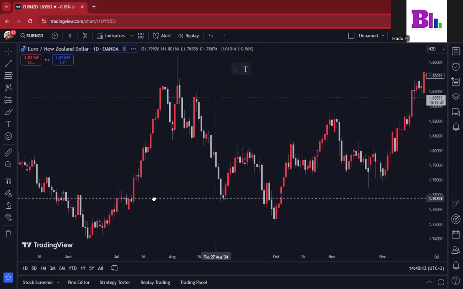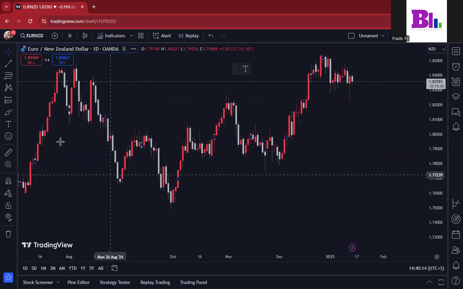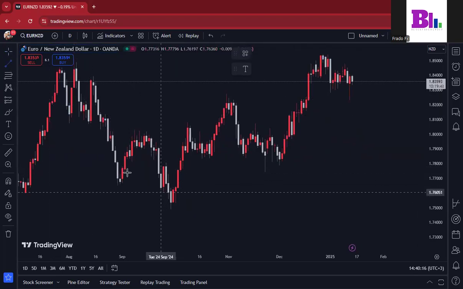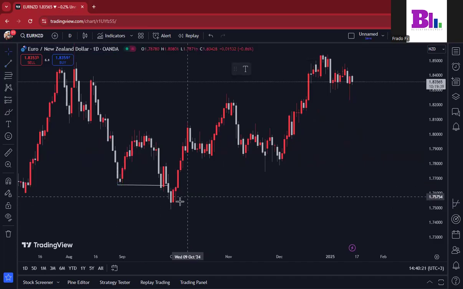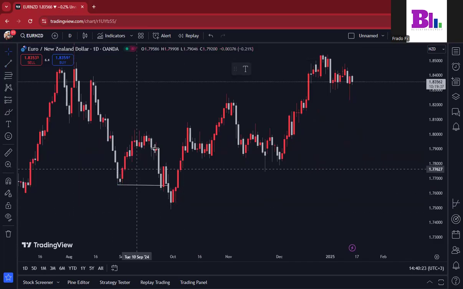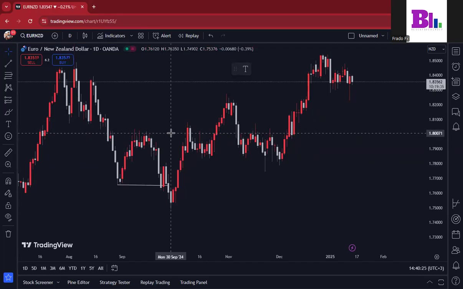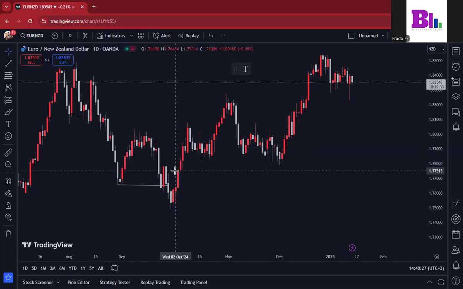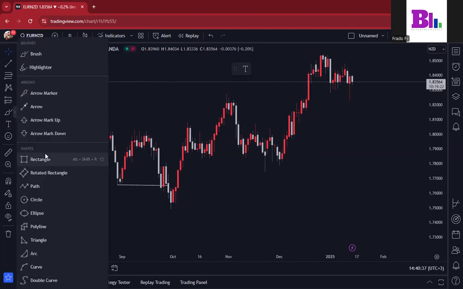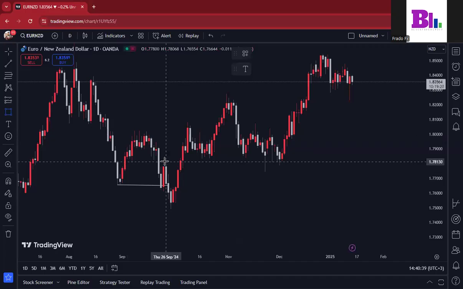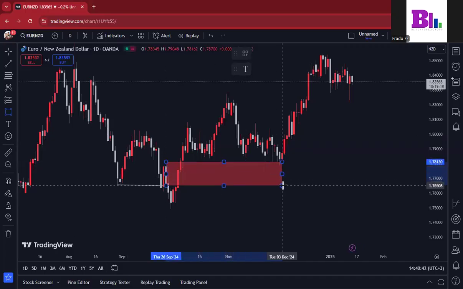So in order to get this kind of entry, first of all, you could see this price took some liquidity down, and then it went up. You can see we had our change of character here. But before that, you can see there was the push which broke this structure here below, and this is where we had another order block here below. So we had our order block here below. You understand?